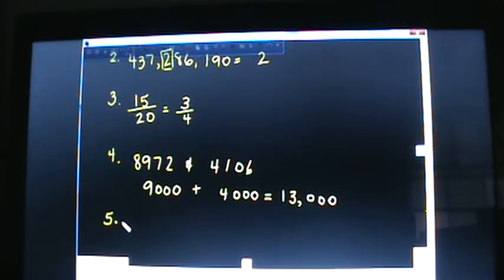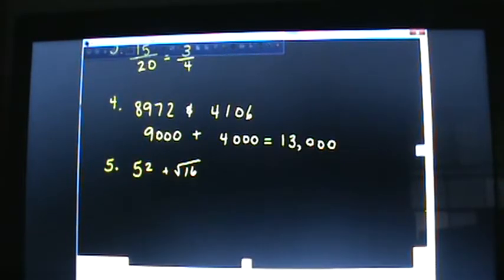Number 5. We have 5 squared plus the square root of 16. 5 squared means 5 times 5, which equals 25. And the square root of 16, that's what number times itself equals 16.